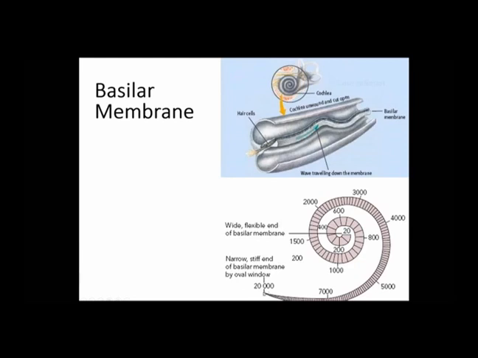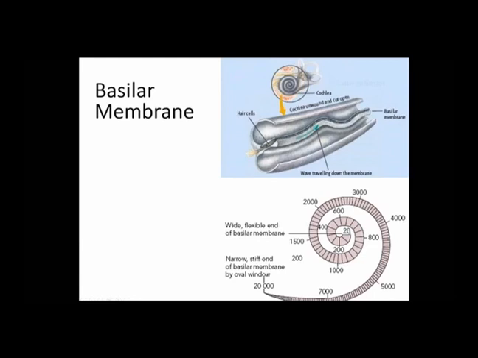So that's where we would detect high frequencies like 20,000 hertz. And as we get further along this membrane, it's going to get wider and less stiff. So it's going to get more flexible. And so the further along you go, the more it's going to vibrate along with lower and lower frequencies.